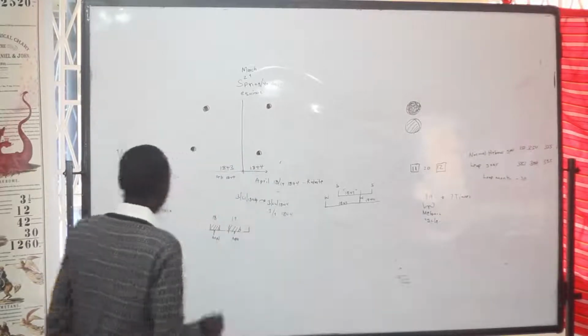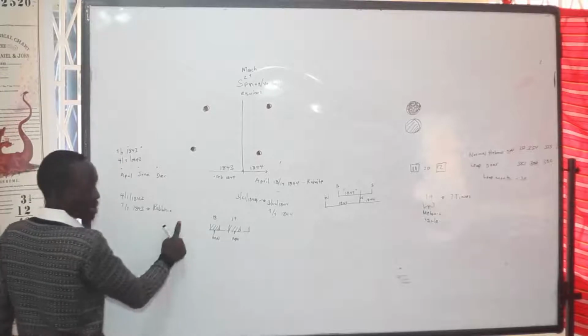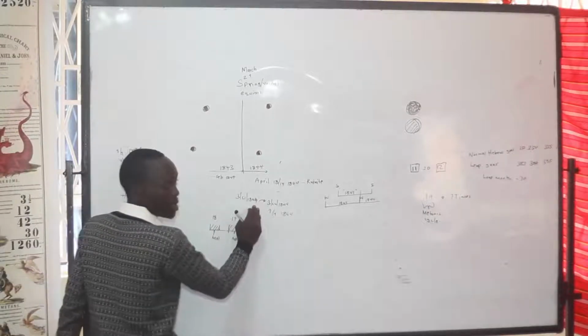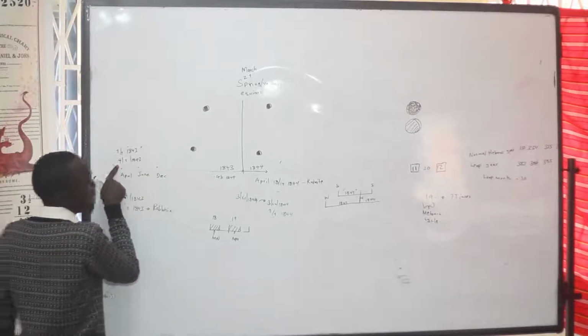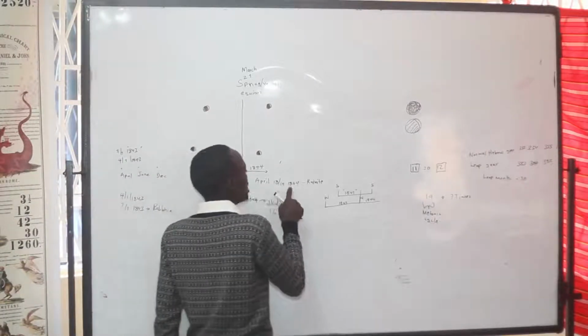Are we seeing that? So this is according to the rabbis. It began here, it's going to end here. But according to the Karaites, it began on 1st of April, it's going to end on 18th, and on 19th we begin what?